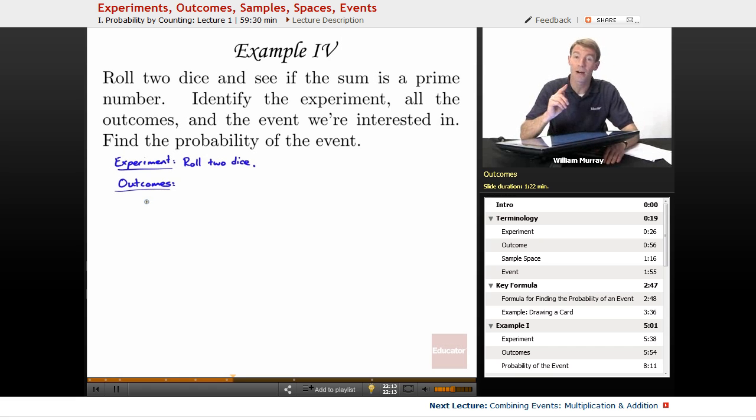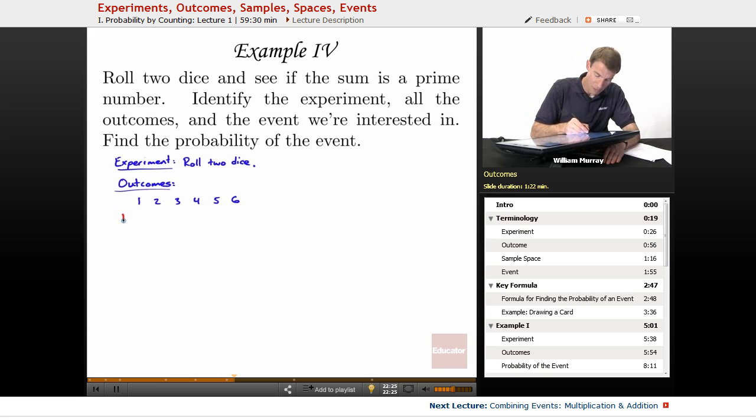And again, it's very helpful to think of the dice as being red and blue. So you can get a 1, 2, 3, 4, 5, and 6 on the blue die. You can also at the same time get 1, 2, 3, 4, 5, and 6 on the red die. So in terms of combinations, you could have red 1, blue 1, you could have red 1, blue 2, and so on.